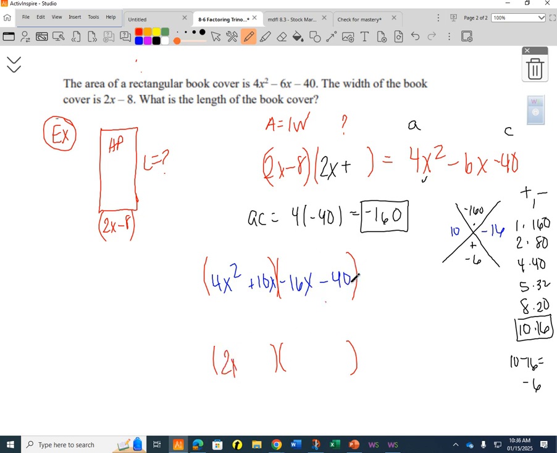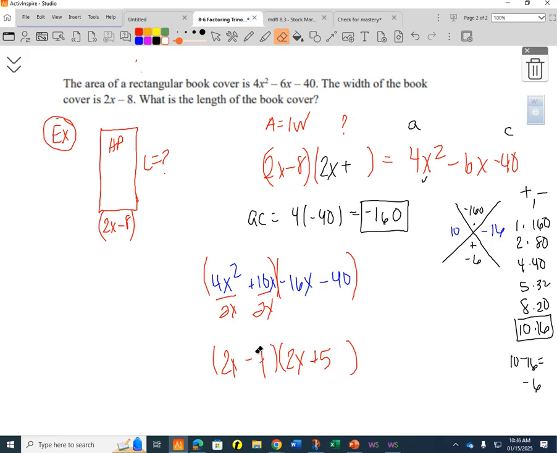The greatest common factor of this one is going to be negative 4, because that's a negative. Is that right? This 16 won't come out of 40, negative 4. So now I'm dividing this by 2x, this by 2x. So that is 2x. That is a positive. Oh, it's not 4, it's 8, isn't it?